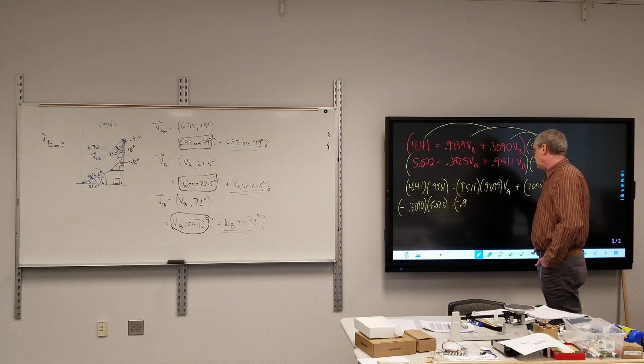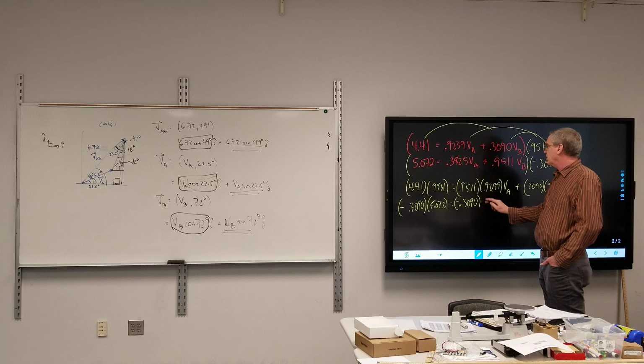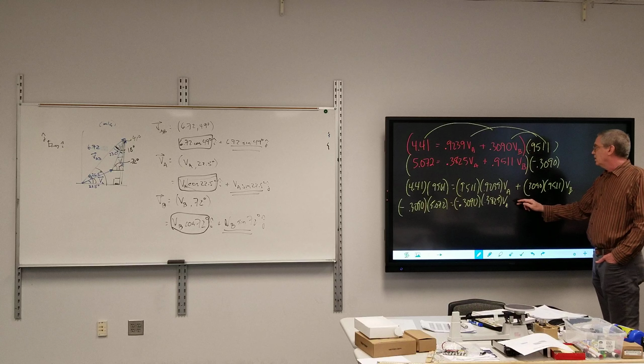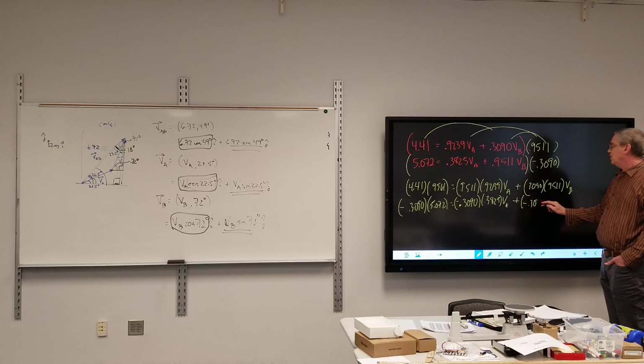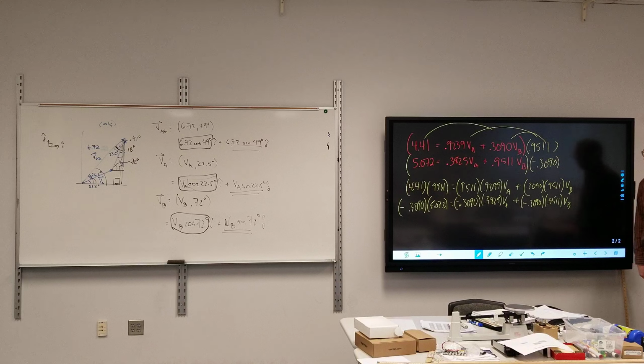Try that again. 0.3090 times 0.3825 plus negative... calculators out, ready to go?